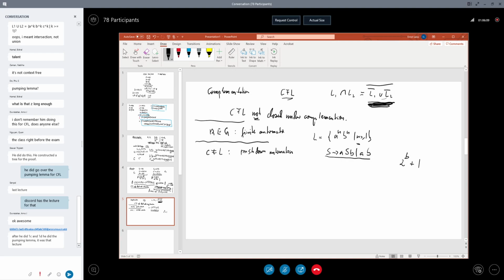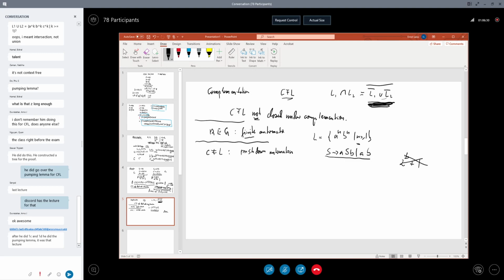And so that immediately shows that this whole idea of a finite automaton is not going to do you any good in dealing with this counting issue, because you basically need an unlimited amount of storage.